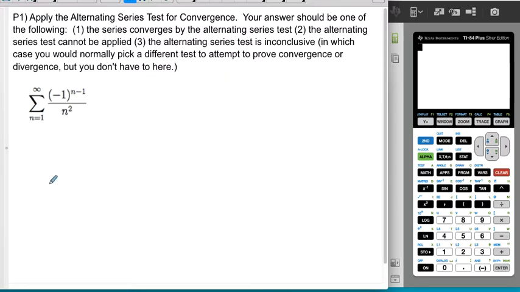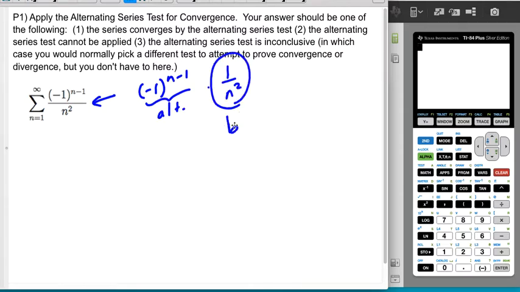All right, so we're going to go ahead and try a P1. Same thing, you're going to realize that this is the alternating piece, the piece that's doing the alternating, and this is the thing I'm going to call b sub n. So is b sub n decreasing? Well, yeah, 1 over (n plus 1) squared is smaller than 1 over n squared.